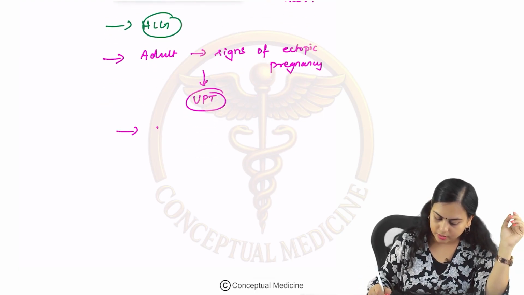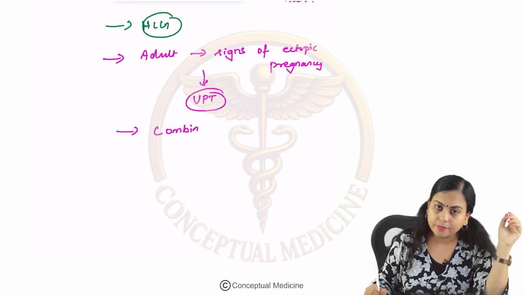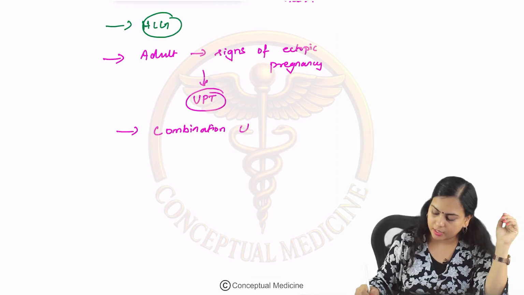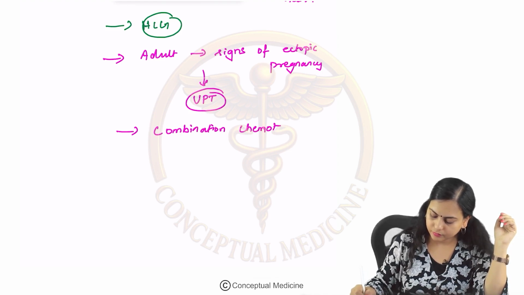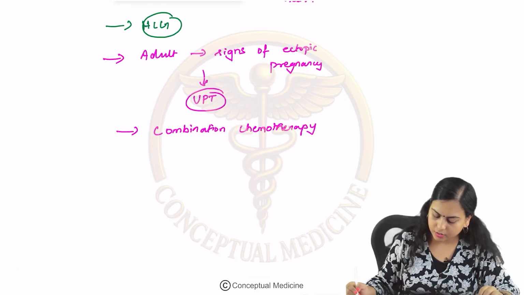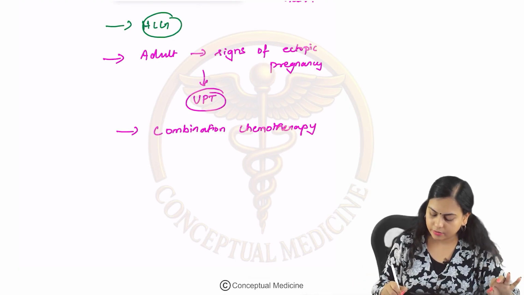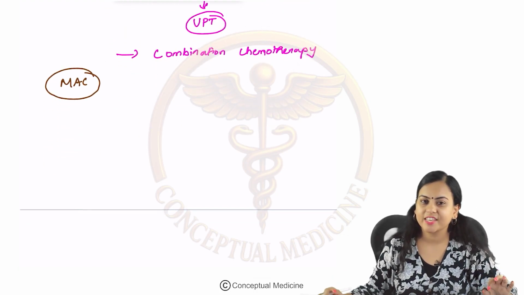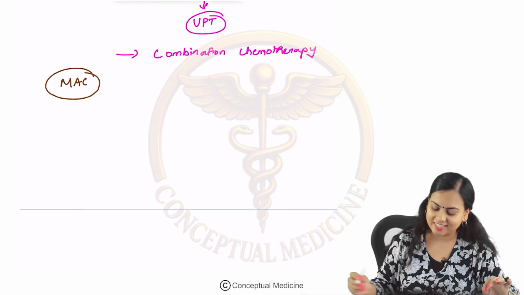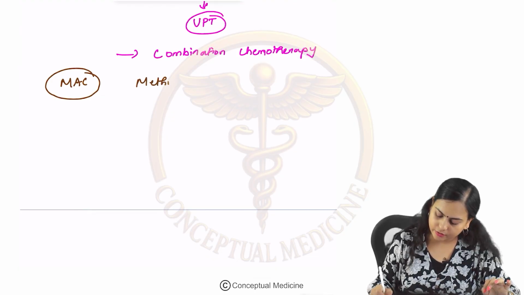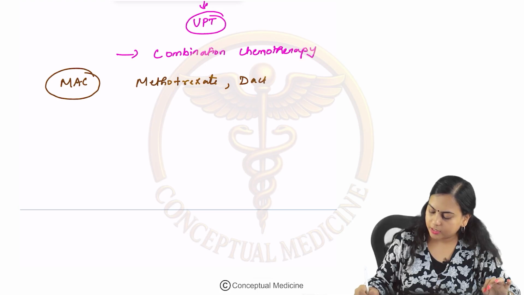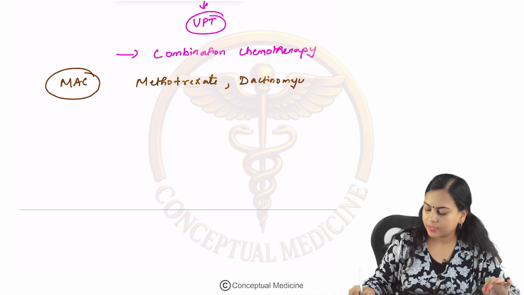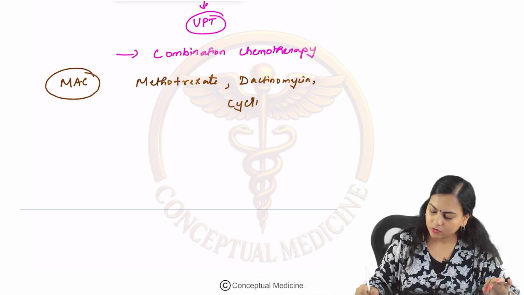She can be managed by combination chemotherapy. The regimen here is the MAC regimen. So what is M? Yes, it is methotrexate, right? So we are going to give methotrexate, dactinomycin as well as cyclophosphamide.